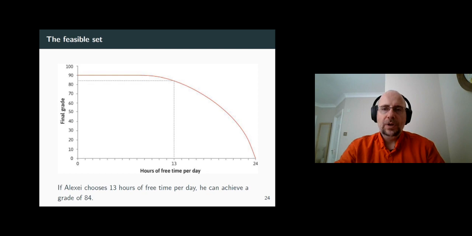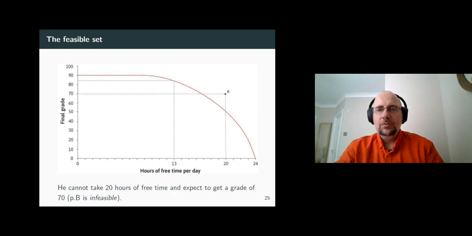So for example, with 11 hours of study time and 13 hours of free time, you can achieve a maximum grade of 84, like before. So the feasibility constraint separates what is feasible from what is not.